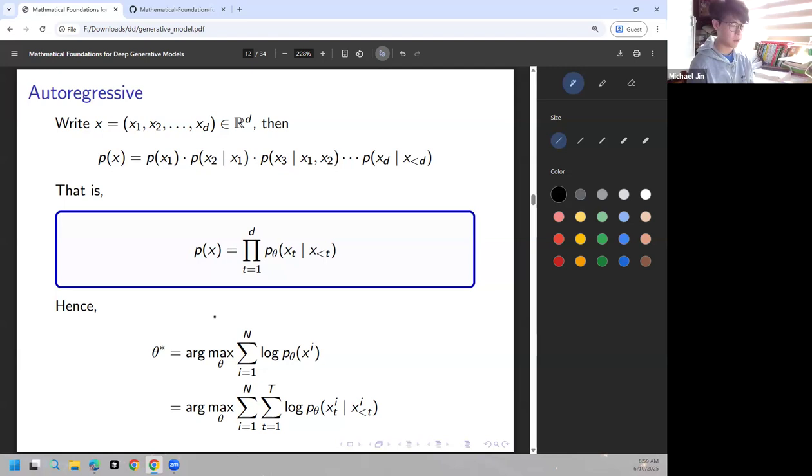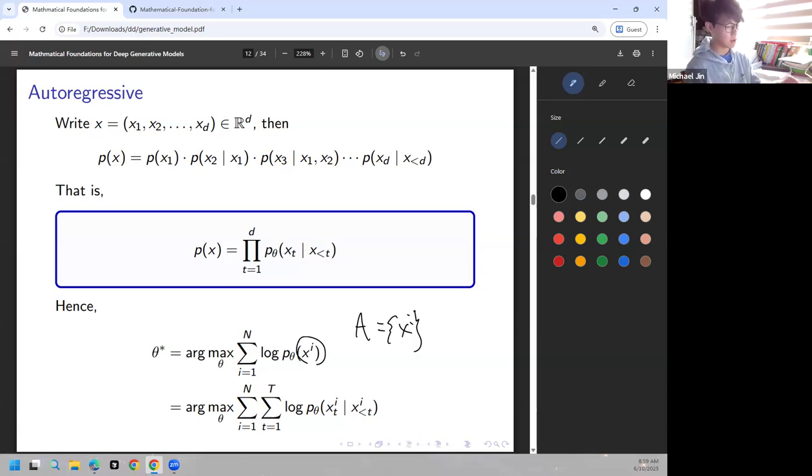And here we use P of theta, which means that we put it in our model instead of the real data distribution. So still we follow the idea of MLE, right? We want to maximize this sum over the log likelihood of P theta xi, right? This xi is not the component, it's one sample, right? Remember that set A, right?